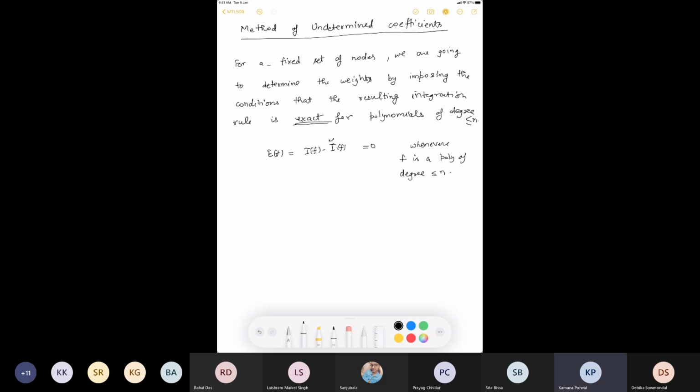This is the meaning of the statement that the rule is exact for polynomials of degree less than or equal to n.